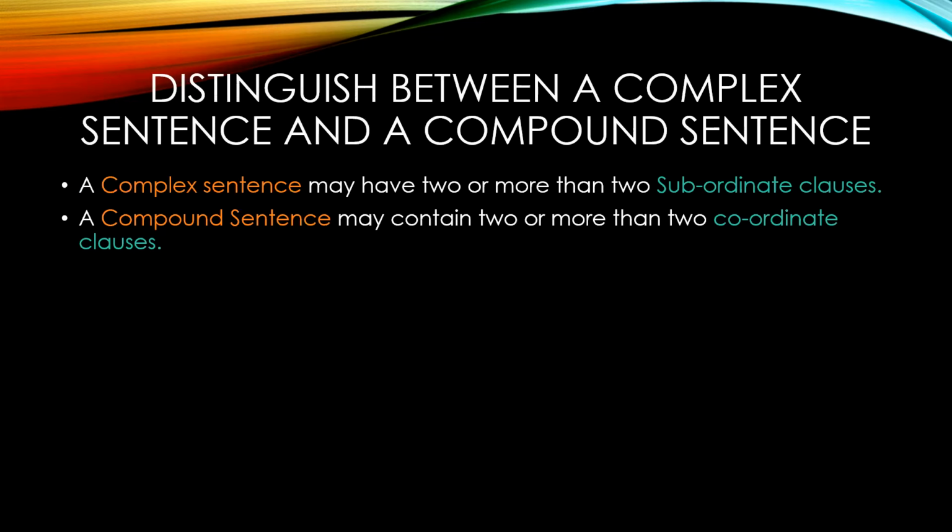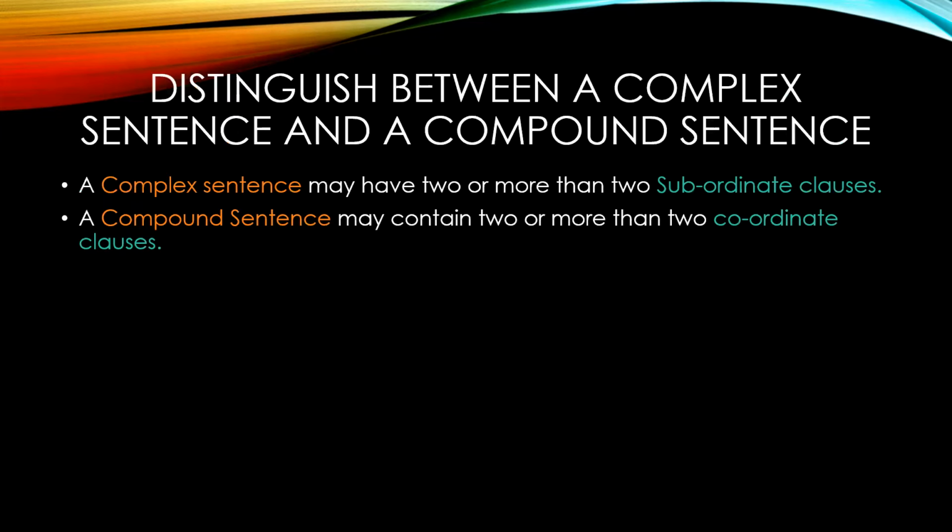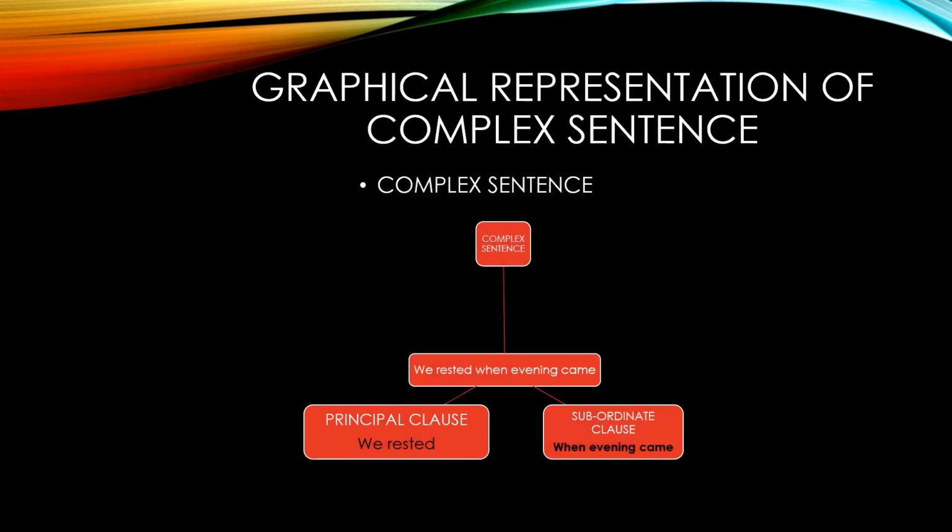A complex sentence may have two or more than two subordinate clauses. A compound sentence may contain two or more than two coordinate clauses, but a simple sentence has only one independent clause.